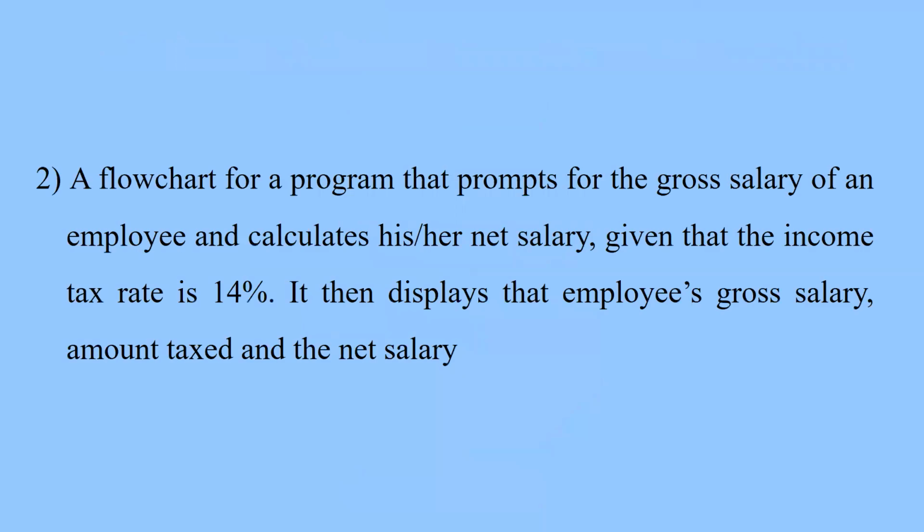The next is a flowchart for the program that prompts for the gross salary of an employee, then computes his or her net salary, given the tax rate at 14%, and then displays the gross salary, the amount taxed, and the net salary. And here we have, of course, the title. The title of this flowchart is calculating net salary based on gross salary and tax.